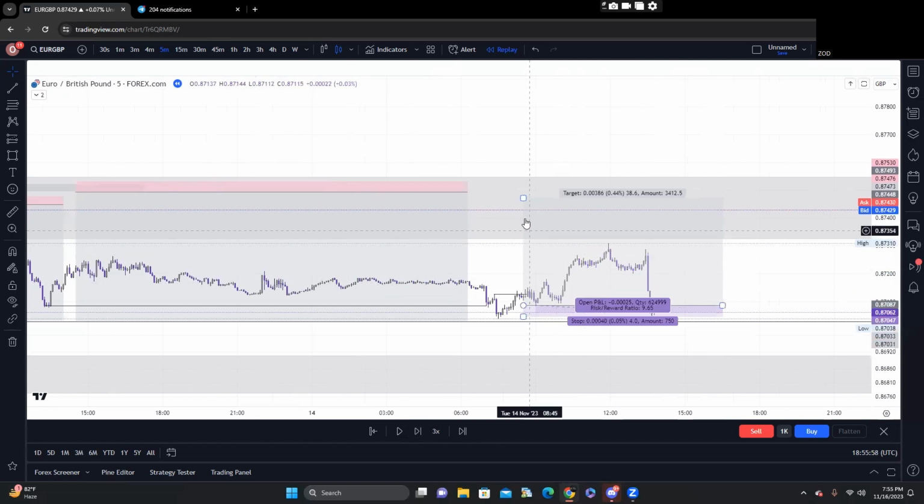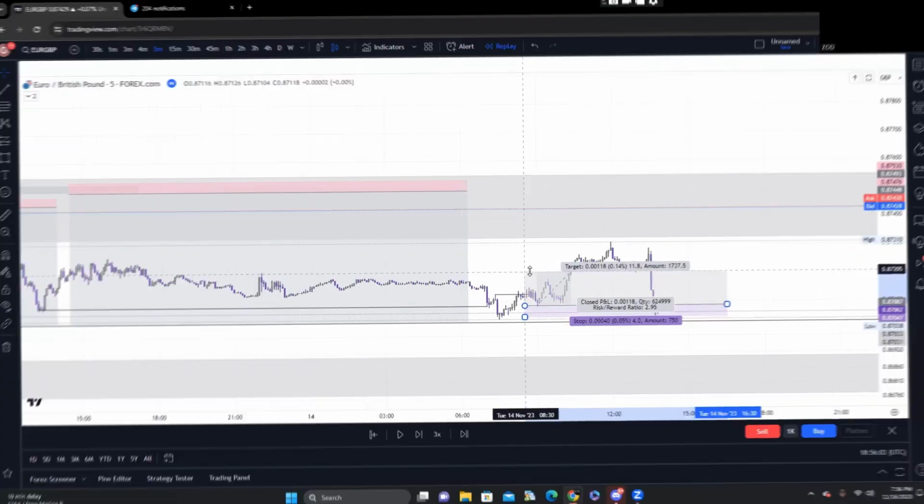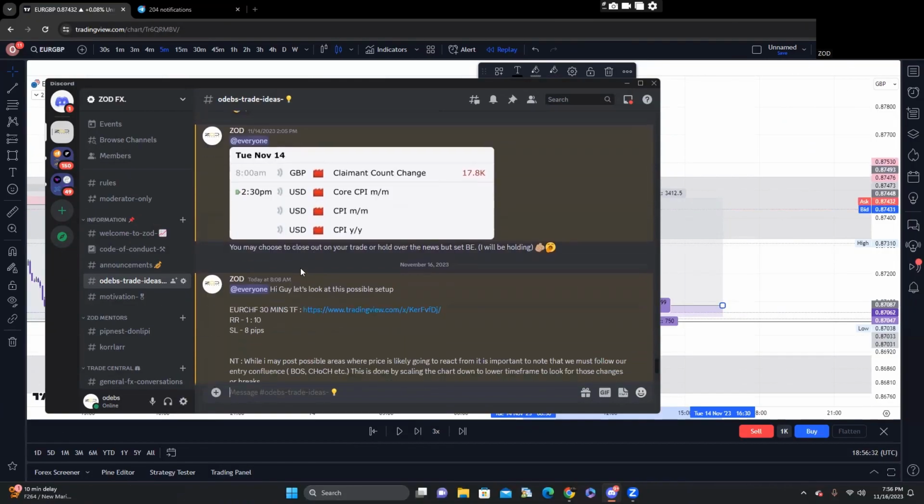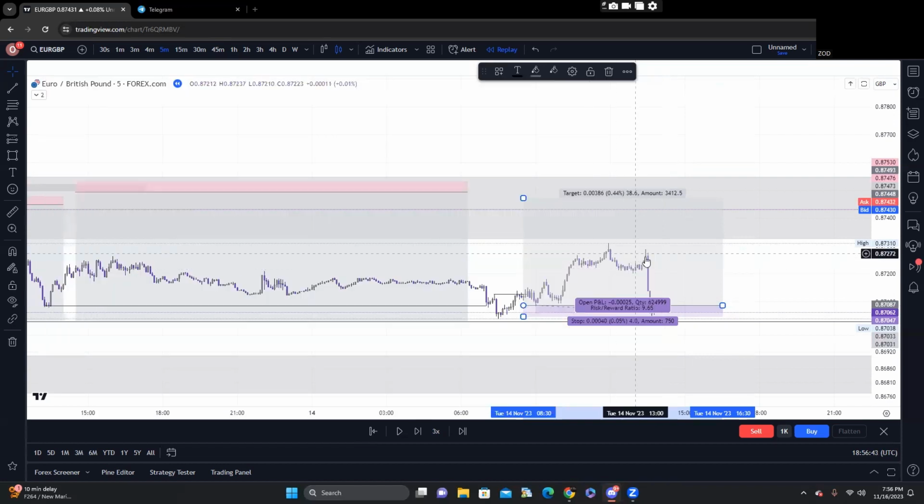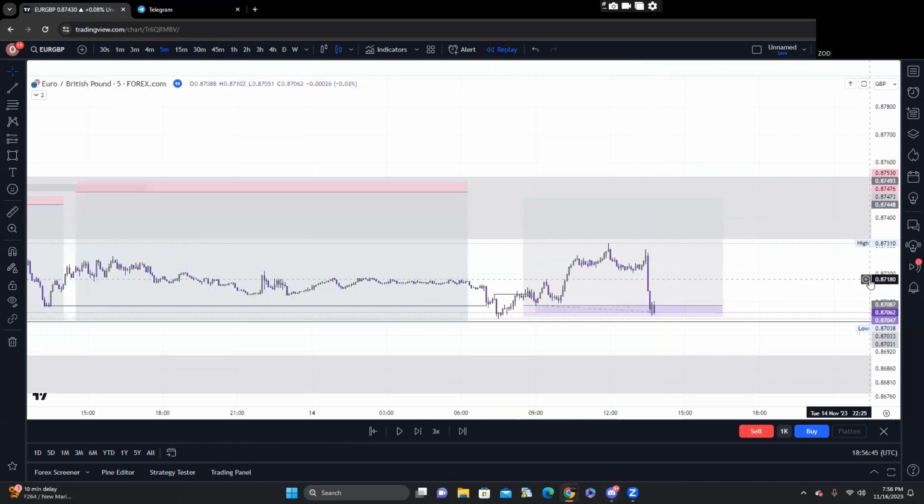But at least I think I already took out 50% of my profit on 1:3. Okay, you can see this right here. So I said you may choose to close out on your trades or hold over the news or set break even, right? So I held this trade over this news and it took me out right here.